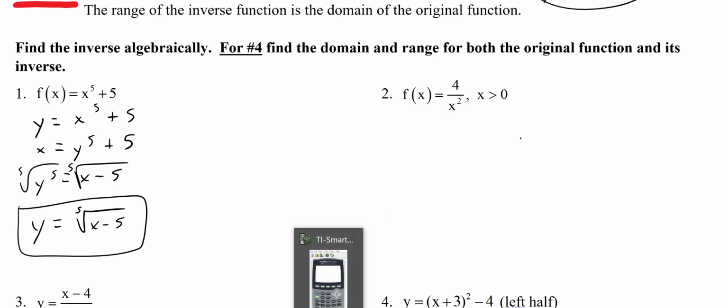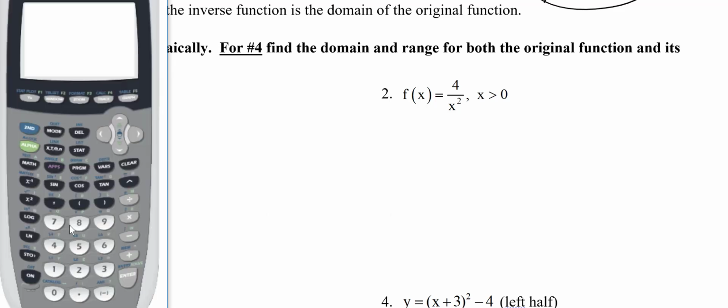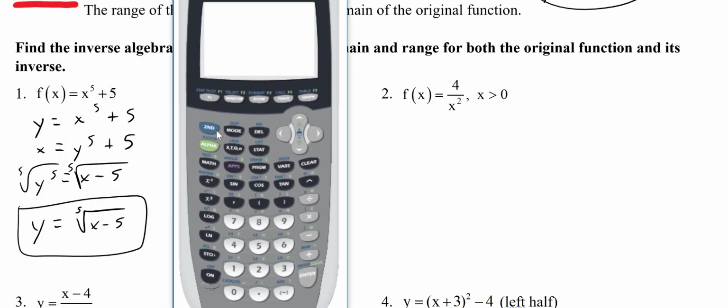We're going to graph both of these. Let me just move it over just a little bit so we can see everything here. Okay, so we're going to do y equals, and we're going to graph x to the 5th power plus 5, and the 5th root.